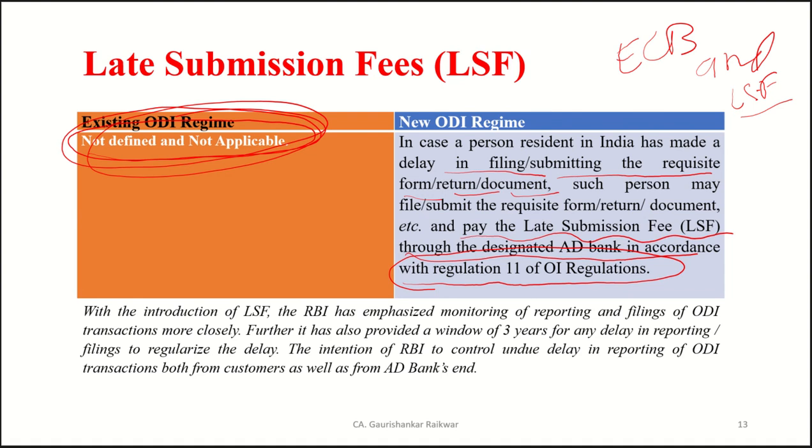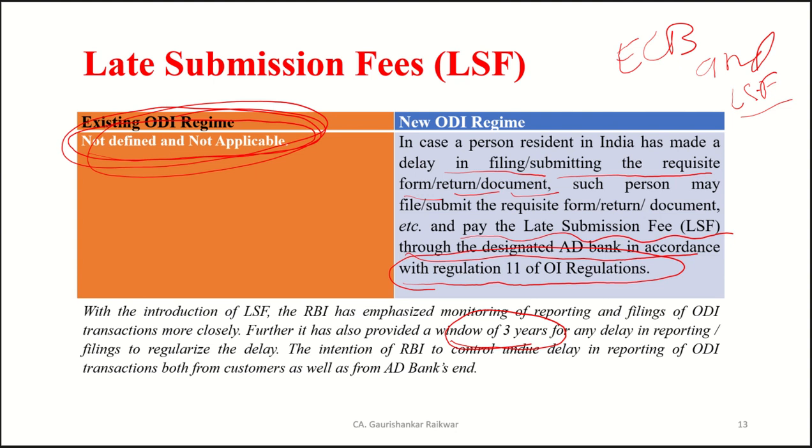So suppose any investor or Indian entity is not reporting a transaction in a timely manner, or suppose their transaction is already delayed under the old regime, then RBI has allowed a timeline of 3 years. The window is given of 3 years to regularize these transactions by paying the late submission fees.